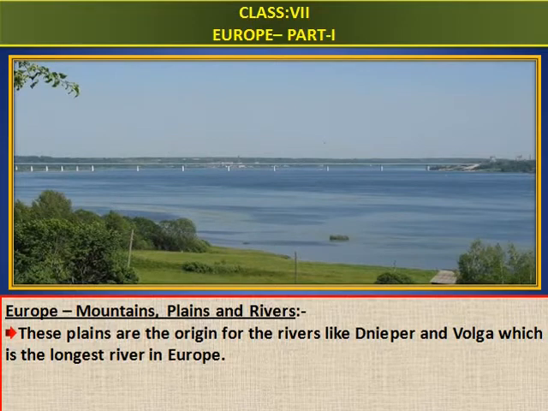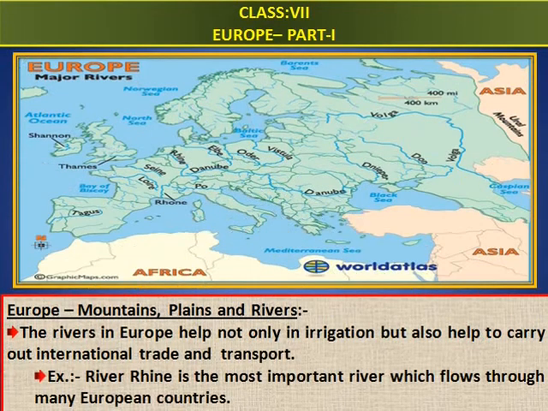The rivers in Europe help not only in irrigation but also help to carry out international trade and transport people and goods from place to place. For example, River Rhine is the most important river which flows through many European countries.